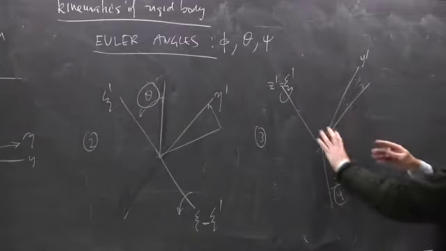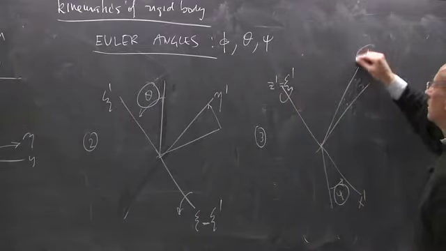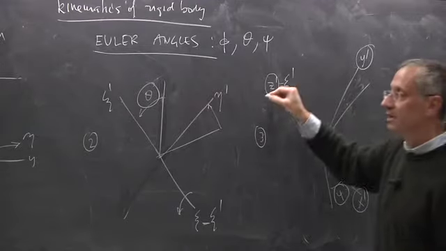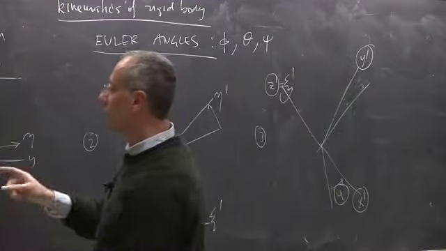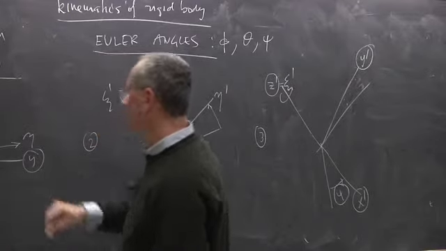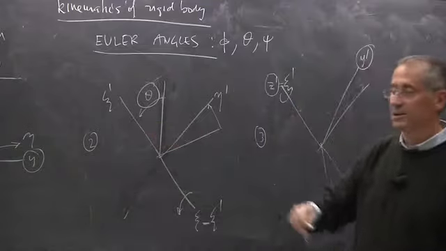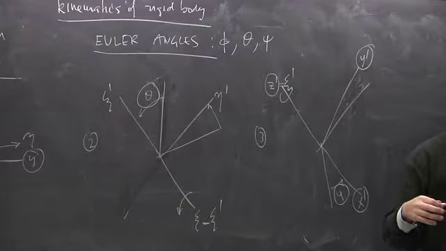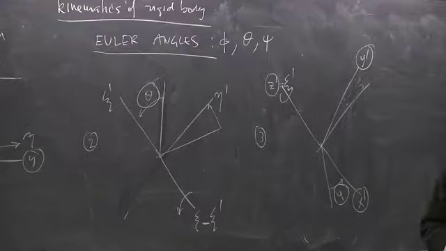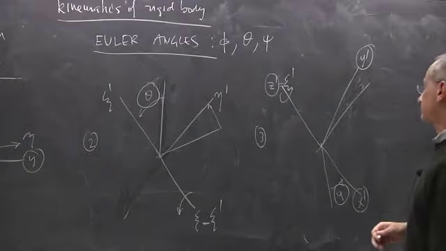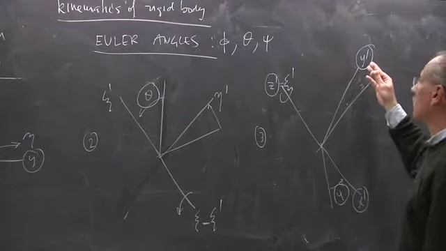This is a completely rotated new x, y, and z prime system that is a complete rotation starting from x, y, and z, the original set. Okay, and you just did it in 3 steps. Each of these steps defines an angle, okay?